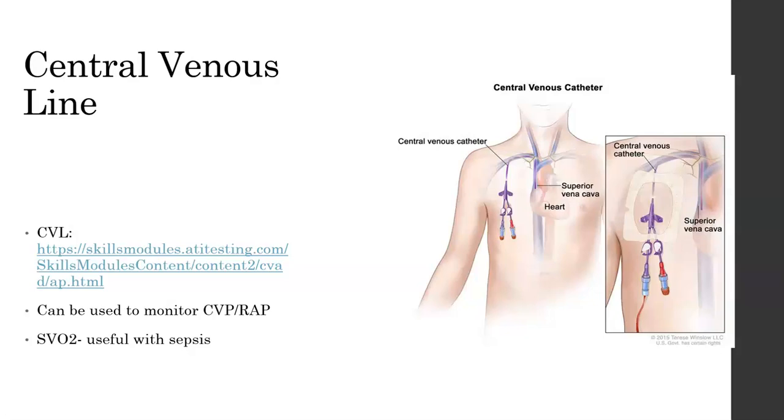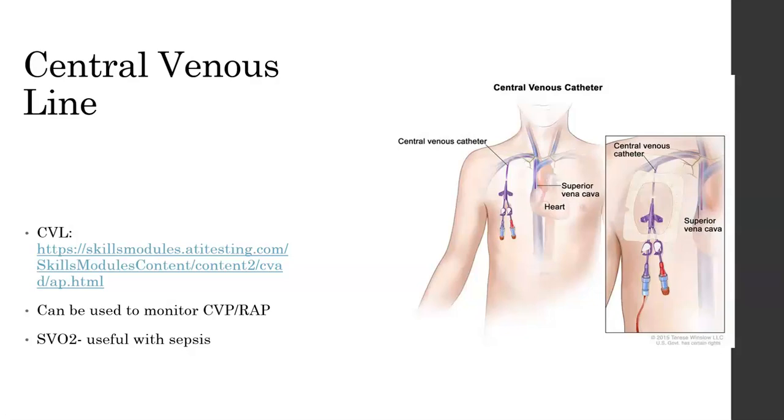And then central venous pressure, we've already talked about. I said earlier we can measure this with the distal port of the CVL. CVP is important because it's used to approximate the right ventricular end diastolic pressure. Normal is between 2 and 8 millimeters of mercury.